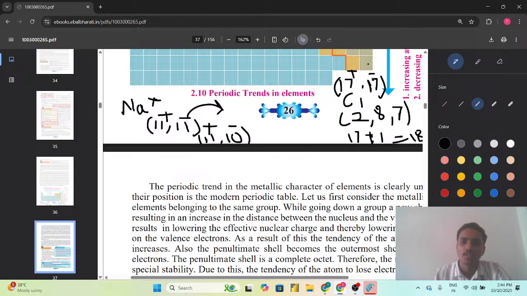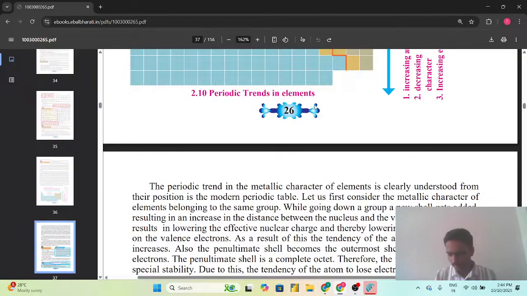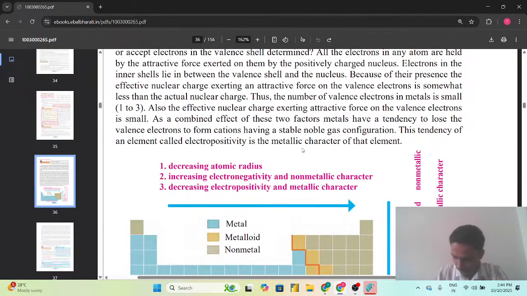So as the chlorine electrons will be now 18, due to which, as electrons are carrying the majority, Cl will be having the negative charge. And when the positive and negative are there, after giving one electron, it will be stable. After accepting one electron, it will be stable and will lead to the formation of sodium chloride, that is the ionic compound. This is the theory behind this.